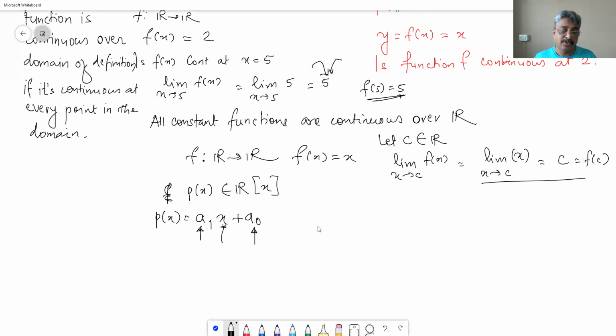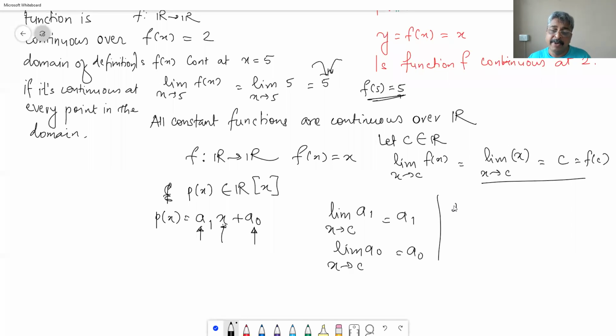And then we are doing algebra of these three things. The limit of a1 as x tends to C is equal to a1. The limit of a0 as x tends to C is equal to a0. And the limit of x as x tends to C is equal to C. These three things we have proved just now, and now we are doing algebra of them.